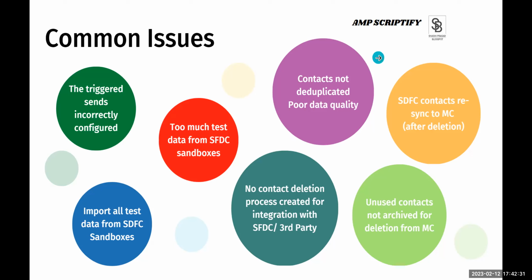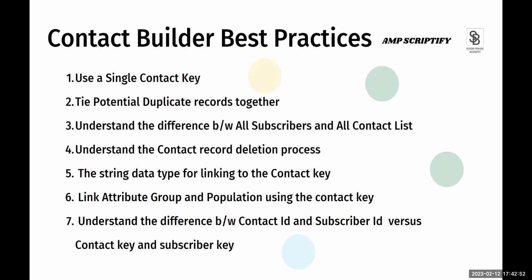Okay. Now coming to the best practices of Contact Builder, it is highly recommended that you use only a single contact key. You should not say, I'm using phone for SMS communications, so I'll use a different contact key, which might be your GUID, and for email communications, I'm going to use contact ID from the synchronous data extension.